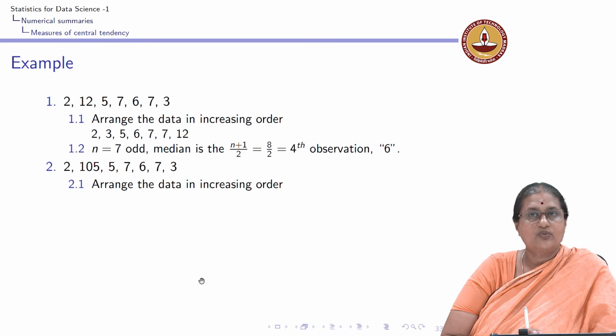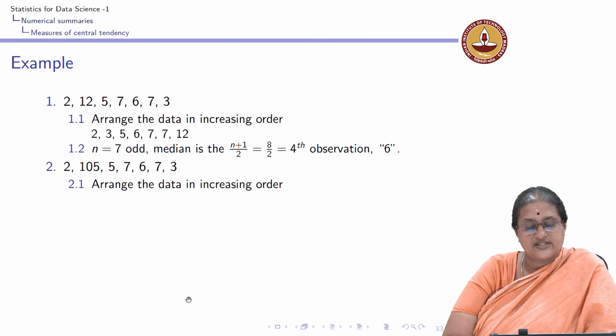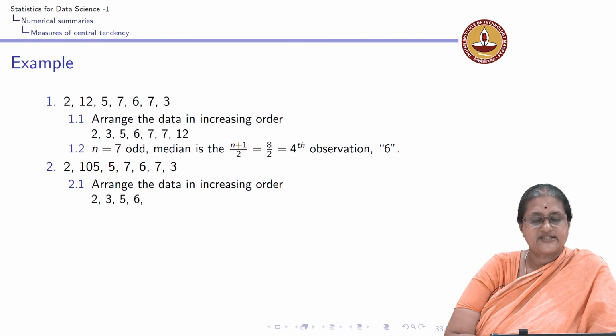Now, let us see what happens to the median of these two data sets. The number of observations is the same. I arrange the data in ascending order: 2, 3, 5, 6, 7, 7 and 105.